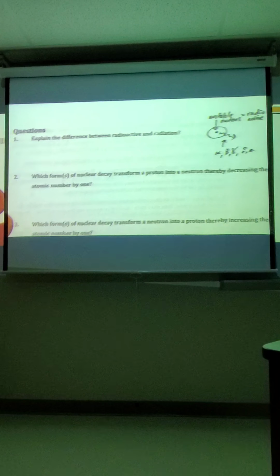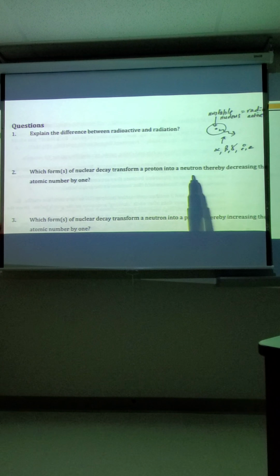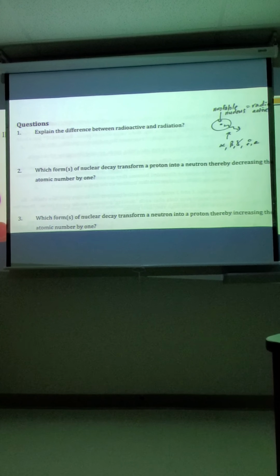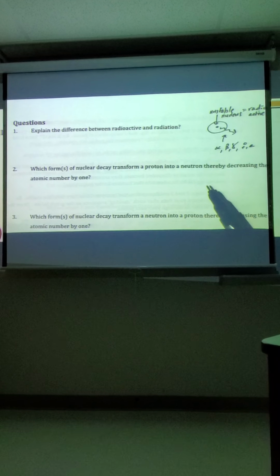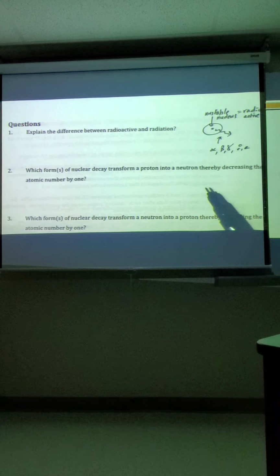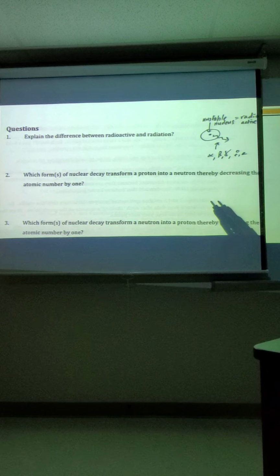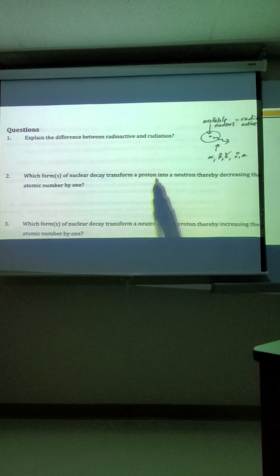As we look at number 2, we want to know who transforms a proton into a neutron. So if you have a proton going into a neutron, which direction would we be going? Are we moving right, or are we moving left? Well, if a proton goes into a neutron, that means we lose an atomic number.